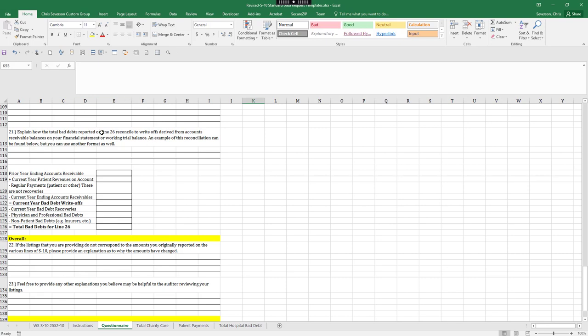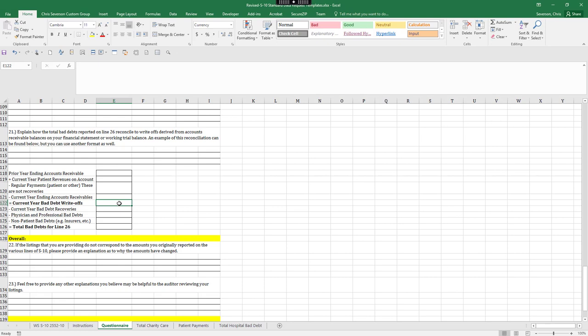So for that reason, when we're doing this reconciliation, you're generally going to see something like this that would help explain how your prior year ending accounts receivable balance compared with the current ending accounts receivable balance, what happened? There would be some patient revenues, there would be some regular payments, and the difference for this reconciliation would be the write-off.